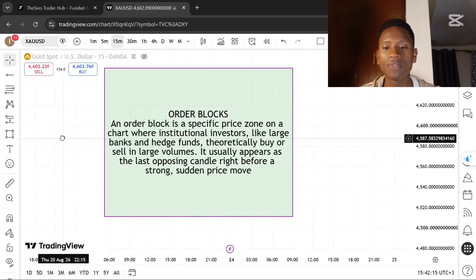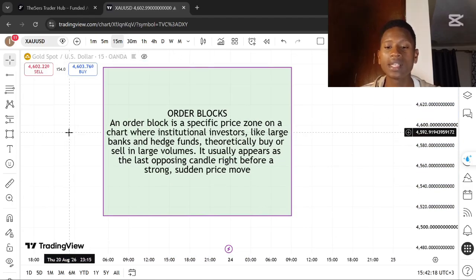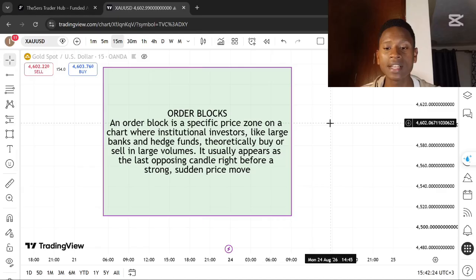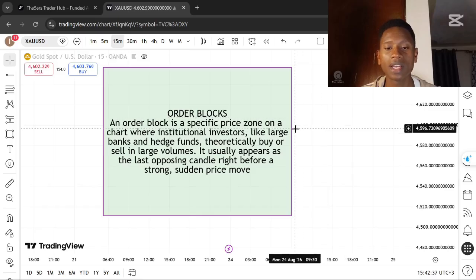From this definition, an order block is a specific price zone on a chart where institutional investors like large banks and hedge funds theoretically buy or sell in large volumes. It usually appears as the last opposing candle right before a strong, sudden price move. That's an impulsive move either to the upside or to the downside.